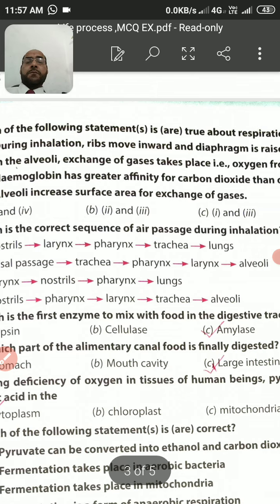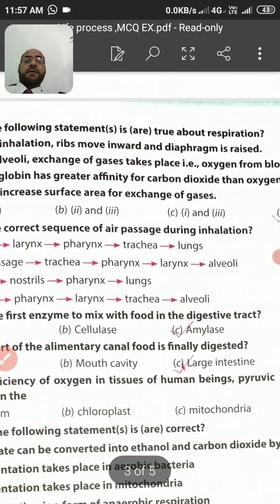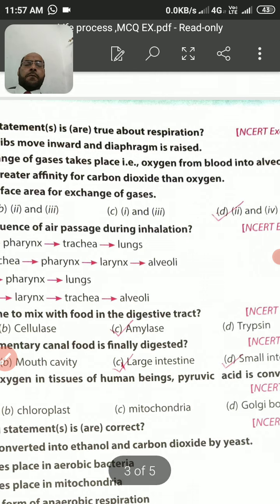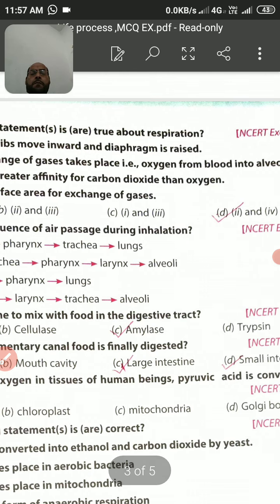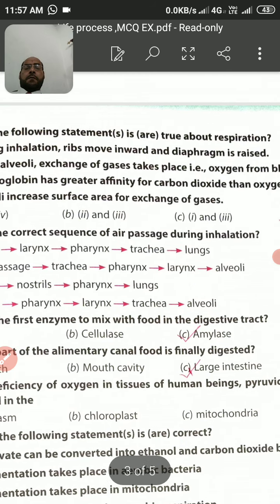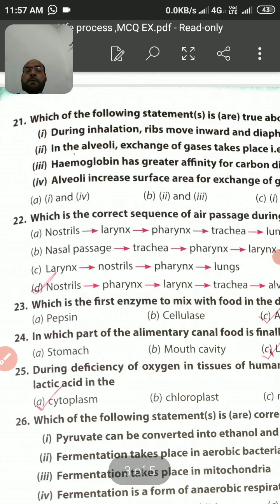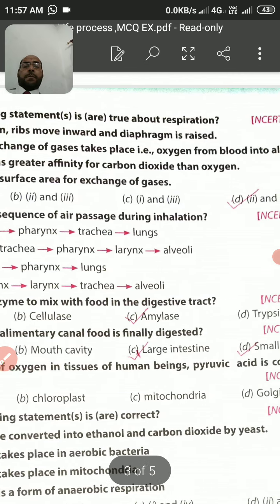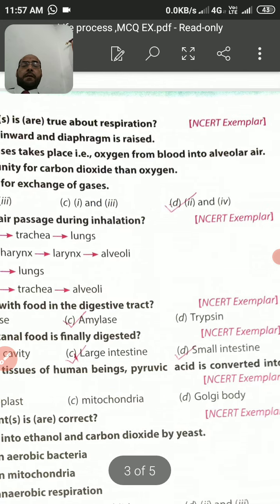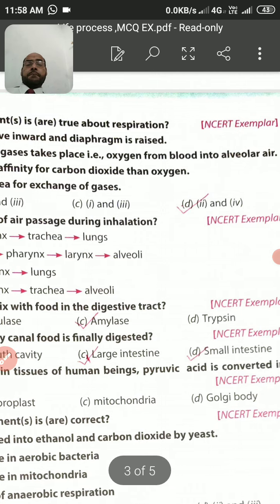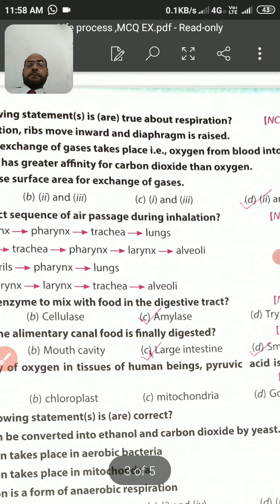During inhalation, ribs move inward and diaphragm is raised. This will not be. At the alveoli, exchange of gases takes place, the oxygen from blood into alveolar air.